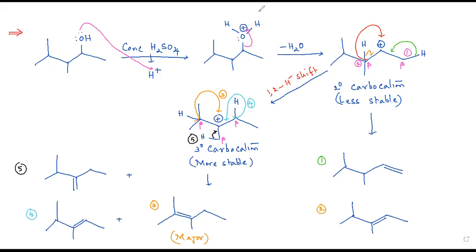We have one more interesting step in this. When this one further undergoes a 1,2 hydride shift, you already got a 3-degree one, but suppose you go for a 1,2 hydride shift of this type, the red one, what do you get?